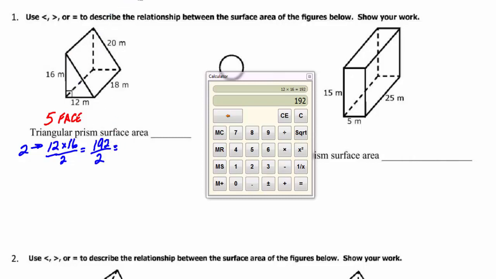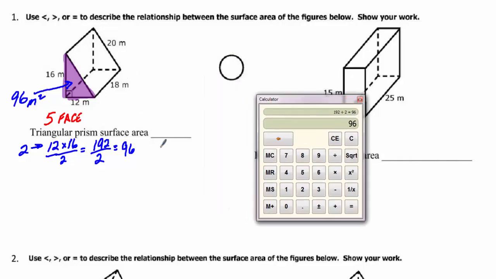So what I'm calculating right now is just the area of that triangle. I'm not doing both ends yet. I know I'm going to have 2 of these eventually, but right now I just have this first one that I'm calculating. So let me finish that out. Then I have the 192 divided by 2, which has an area of 96 meters squared.